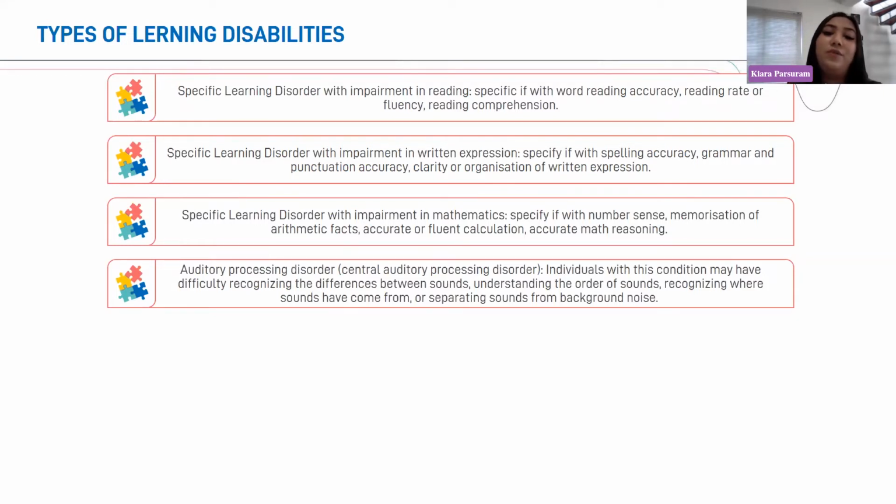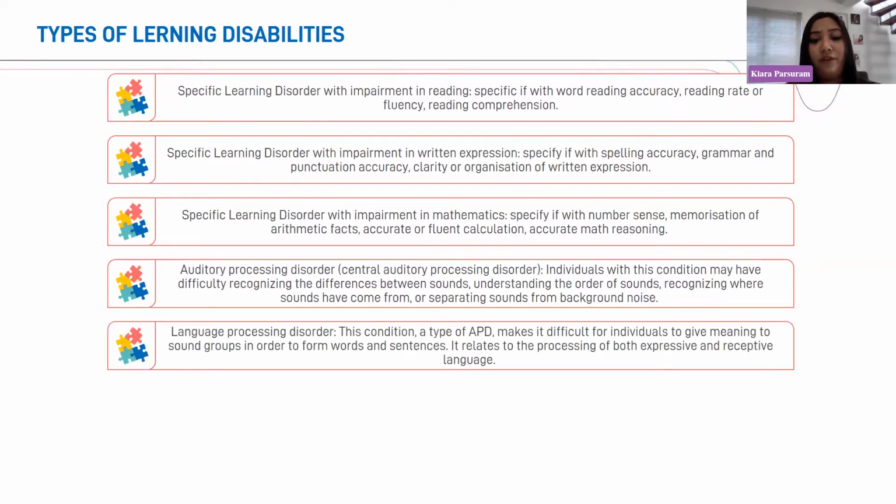Language processing disorder is another one. This type of disability makes it difficult for individuals to give meaning to sounds and to group them, and it relates to the processing of both expressive as well as receptive language.